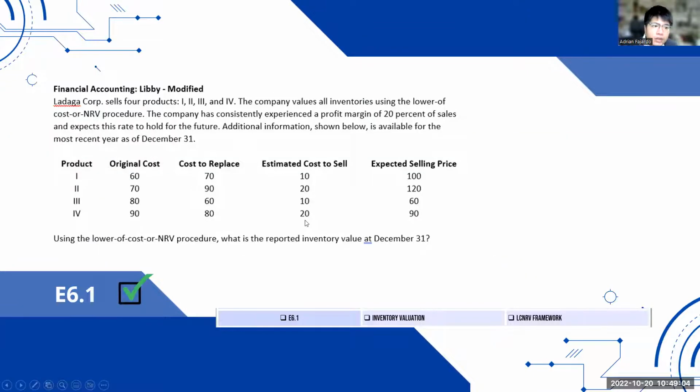So very straightforward. Again, it looks easy. But if you check Waygun, if you check Valix, there are different items. For example, some companies would classify it per batch. Or there are different ways of solving for LCNRV, but the concept remains the same.